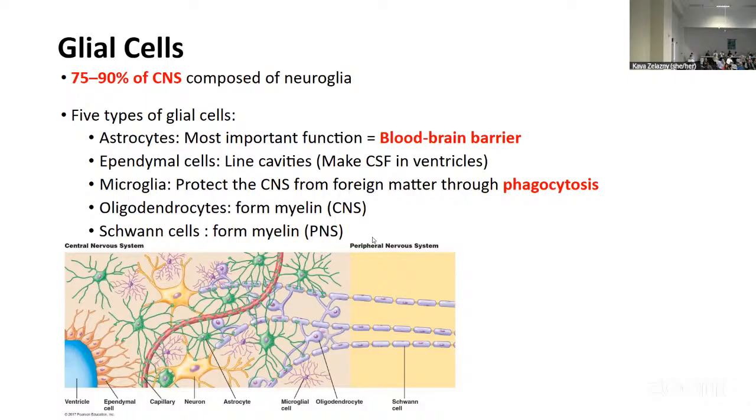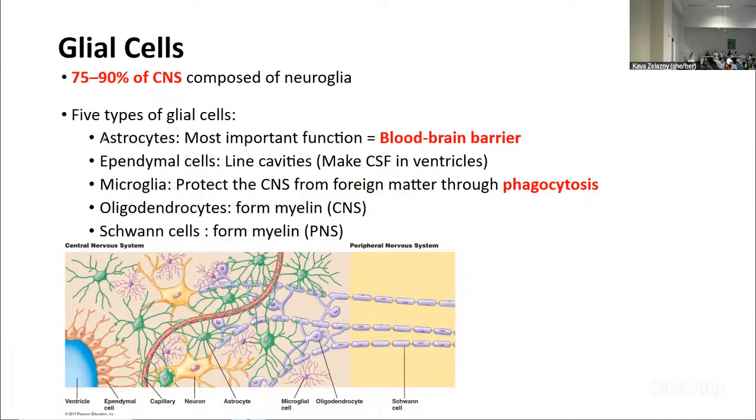Okay. So we're going to see a couple different types of glial cells. Right, our astrocytes. Astro, think astronomy. They're kind of star-shaped. They're these big green ones. Okay, so astrocytes. One of their super important functions is going to create a barrier between our brain and our blood.